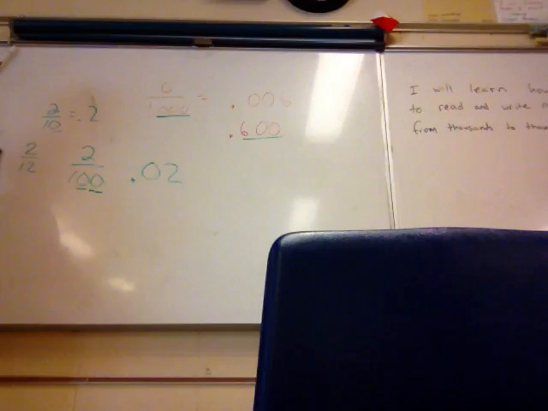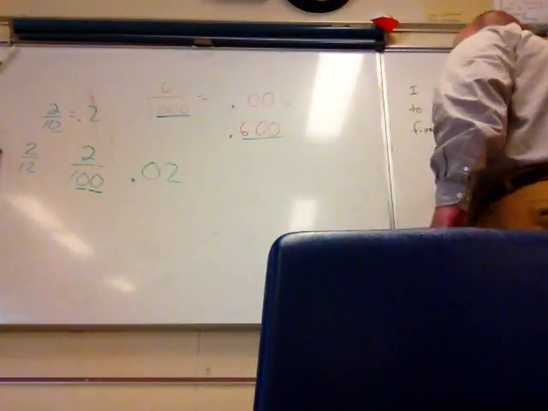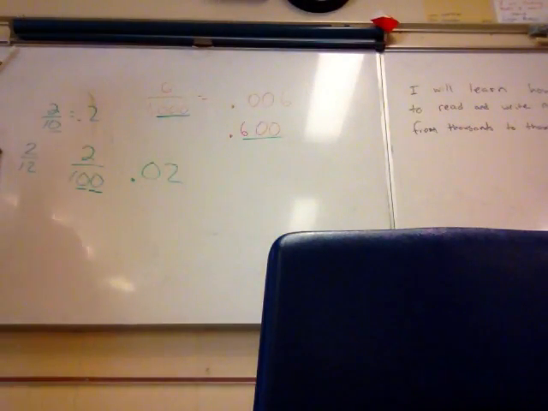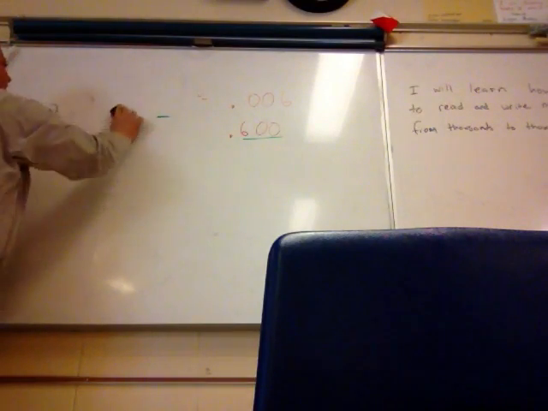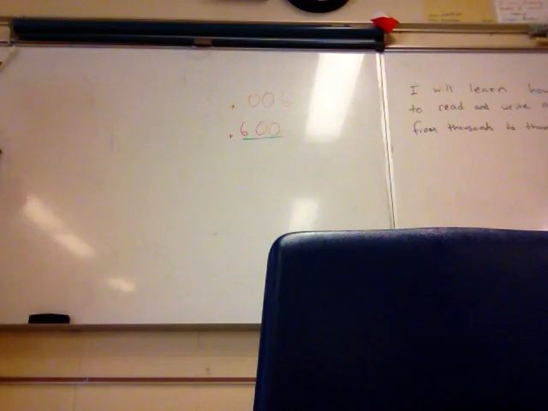Later on in life, we'll talk about how to make fractions like 2/12 into a decimal. But that's not going to happen for a little while, so let's not worry about that yet. Good question, Maya.